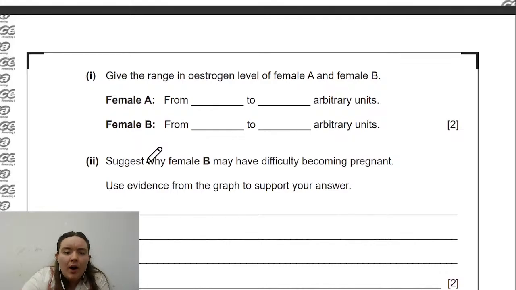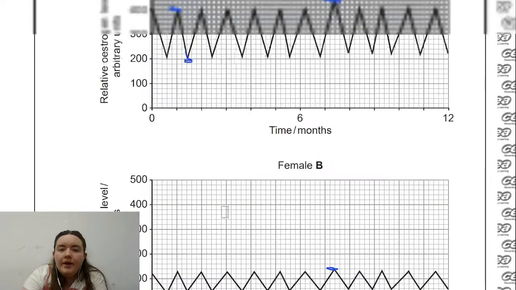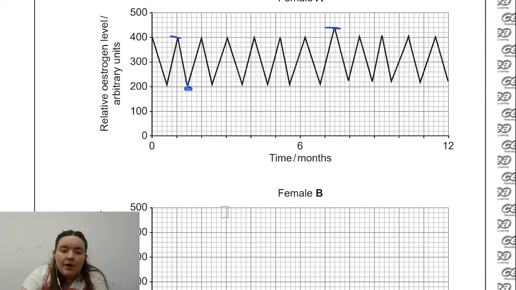So suggest why female B might have difficulty becoming pregnant. Use evidence from the graph to support your answer. So that means we want to be looking at this and stating information from the graph to answer the question.